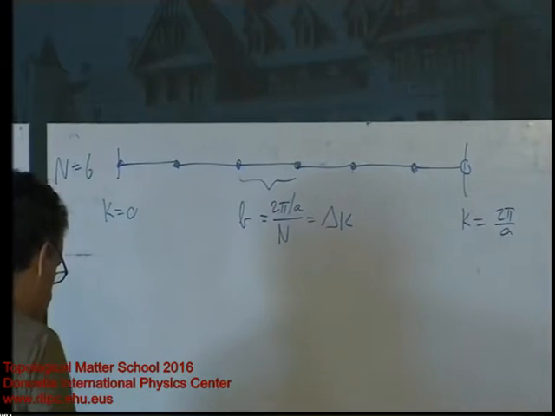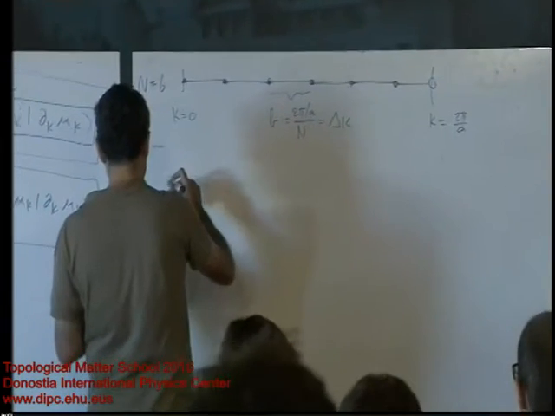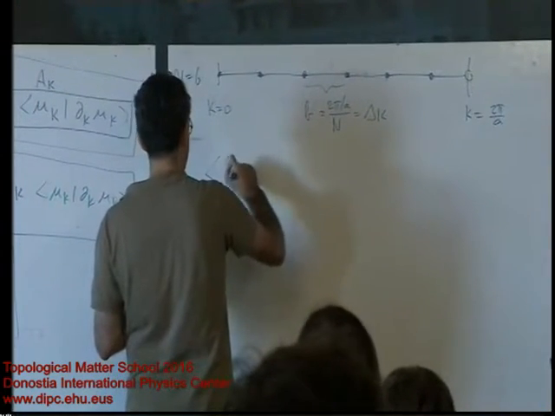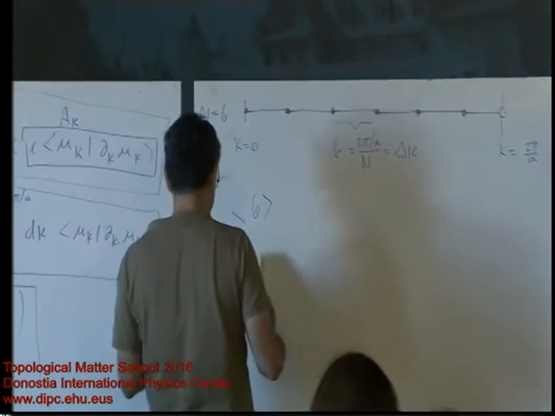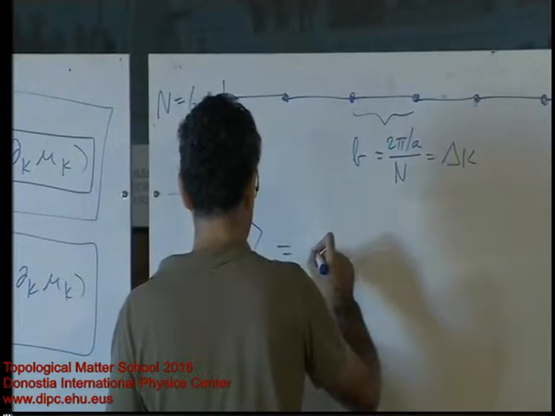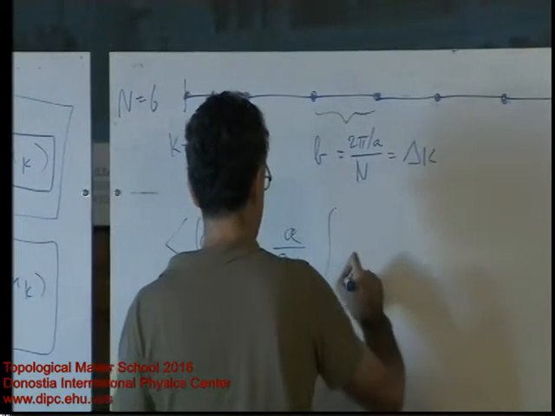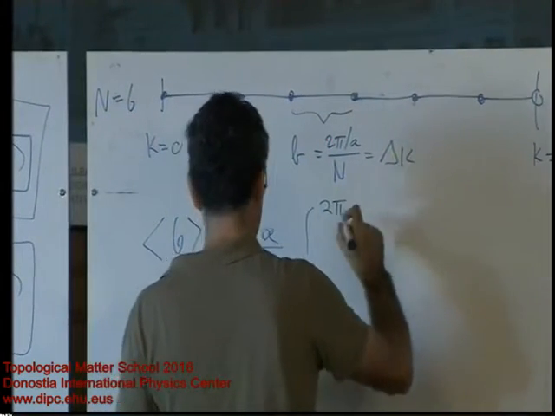So if you had an ordinary operator, I don't know, the Hamiltonian or something, and you want to evaluate the average over the entire Brillouin zone, it's pretty straightforward. So you start with the continuum form.